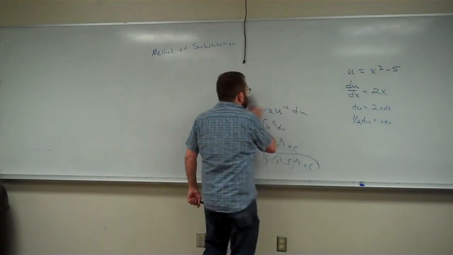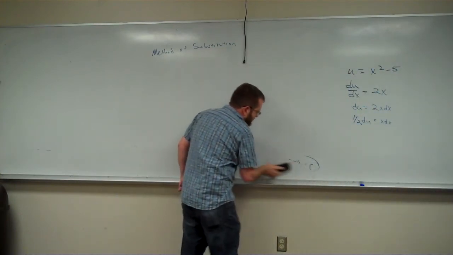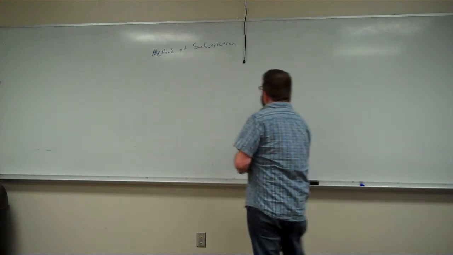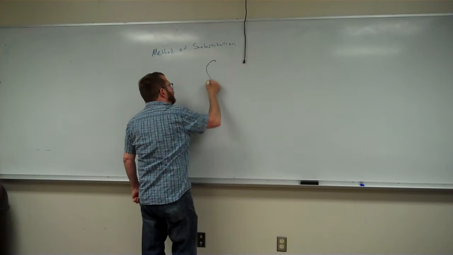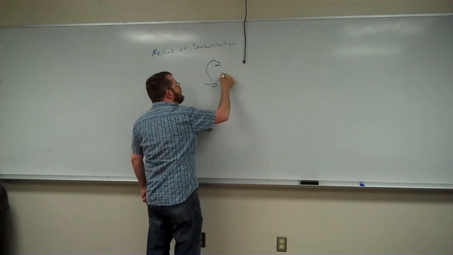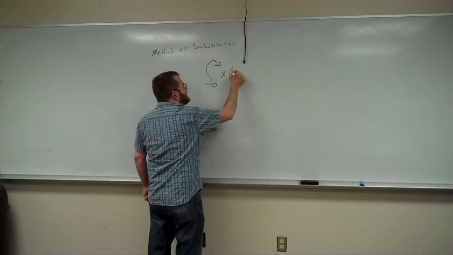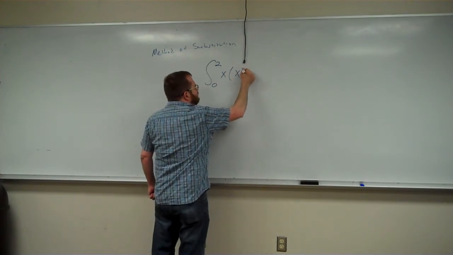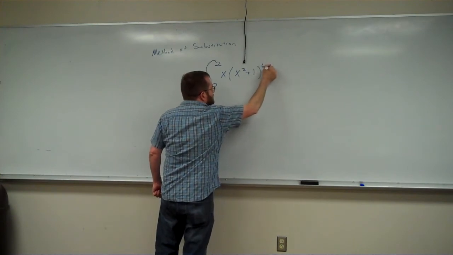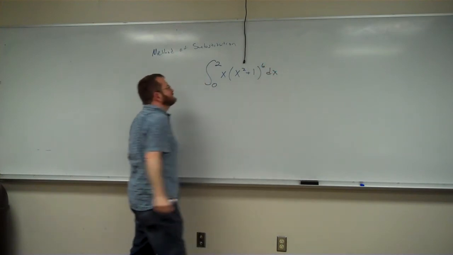Let me see if I can come up with a problem. Let's say it was the integral from 0 to 2 of x times (x squared plus 1) to the 6th power dx.